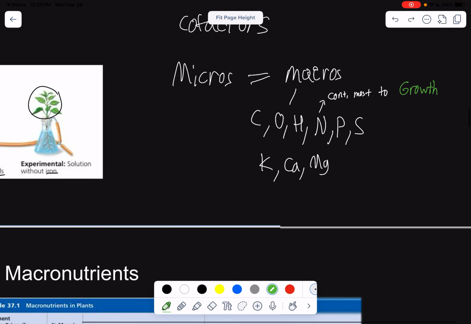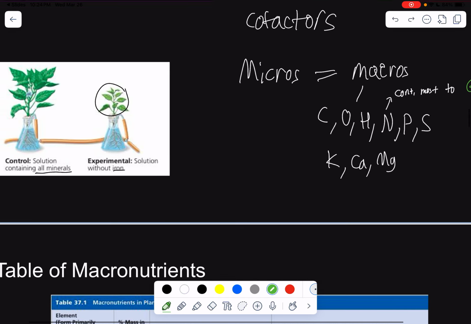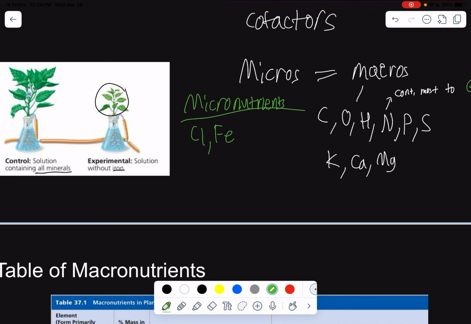The other essential elements are called micronutrients because plants need them in only tiny quantities. They are chlorine, iron, manganese, boron, zinc, copper, nickel, and molybdenum.